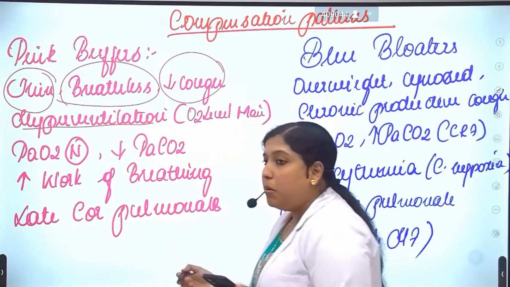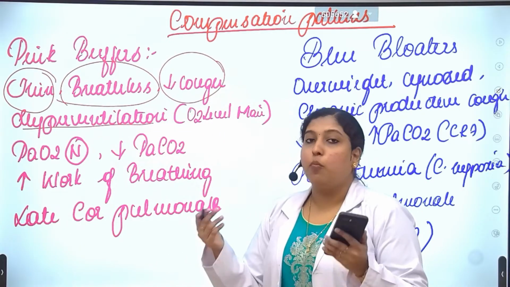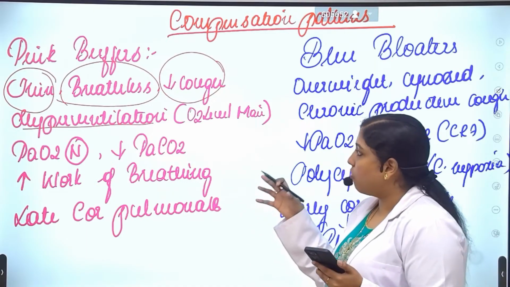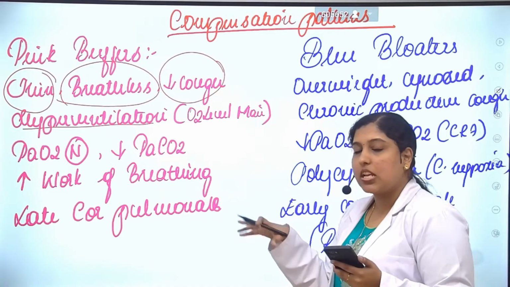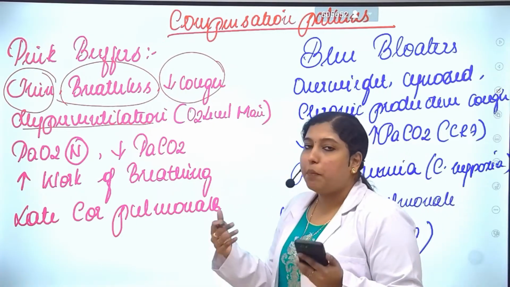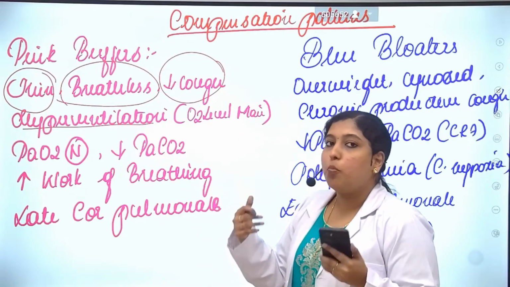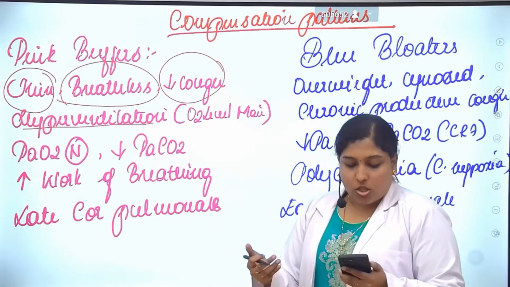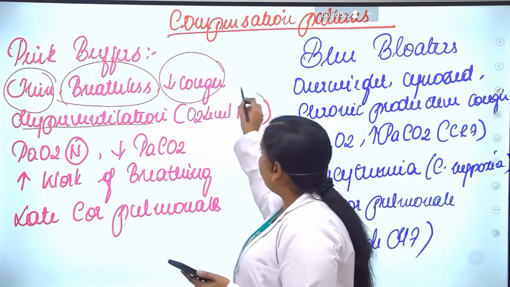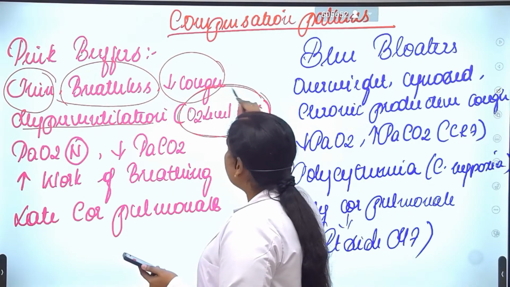They keep craving for air more and more, because already there is a lot of residual air inside the lungs, and the gas exchange is not happening properly. So they will try to hyperventilate themselves to maintain the oxygen saturation.